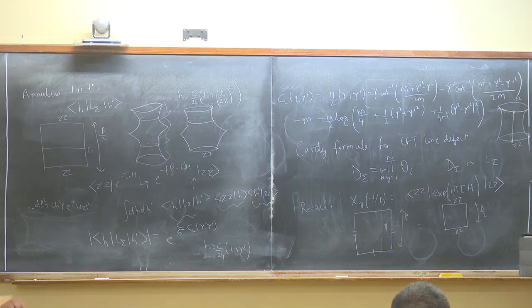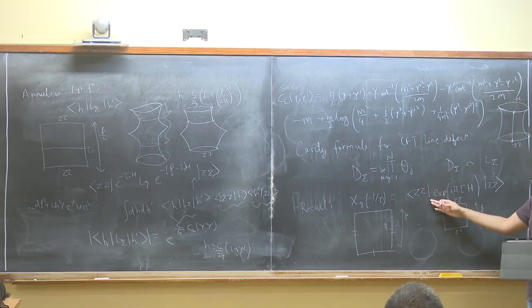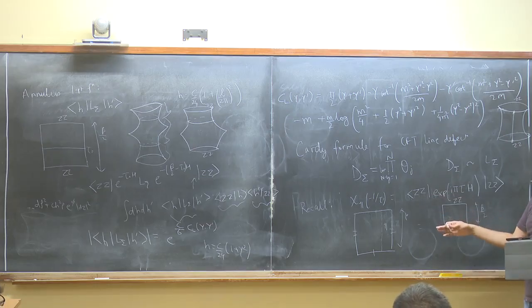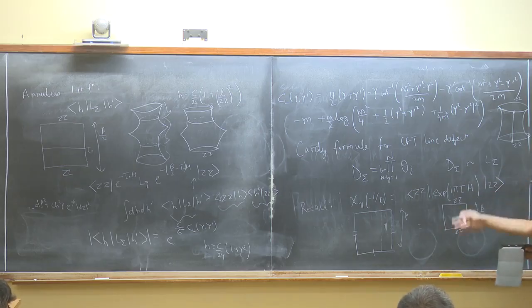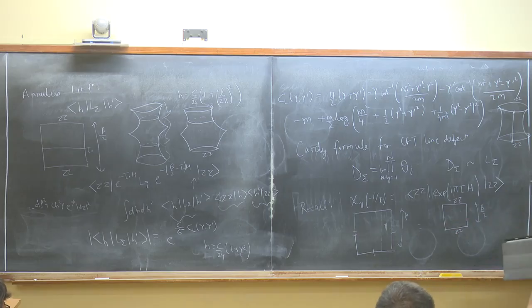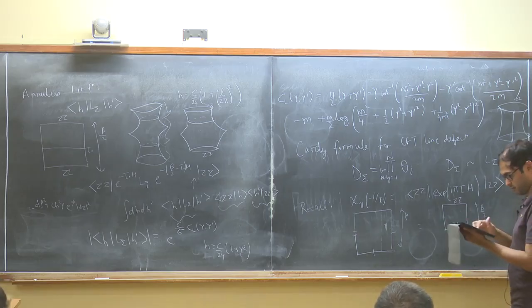It will require some understanding of ZZ boundary conditions. You need to understand how to expand this ZZ in the basis of Ishibashi states, and it's a non-trivial condition. So this is saying that you can use Liouville to understand the representation theory of 2D CFTs. That's the upshot.